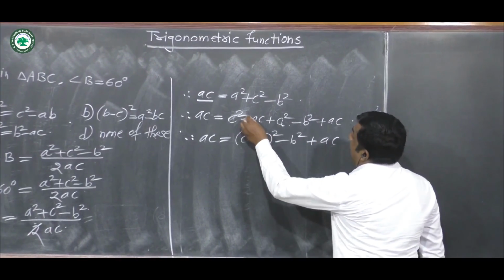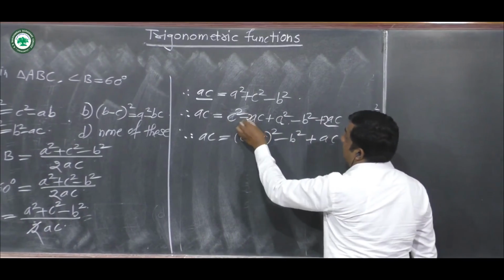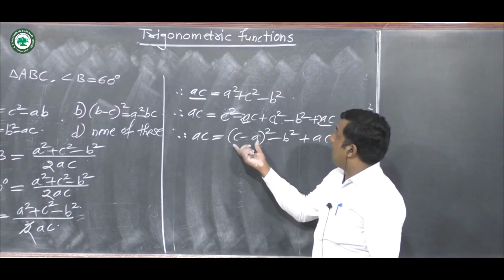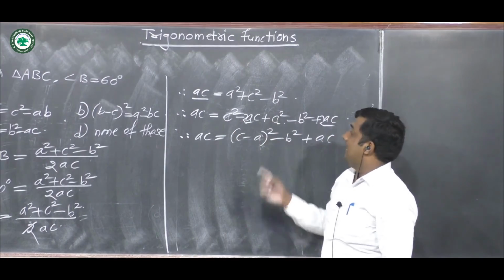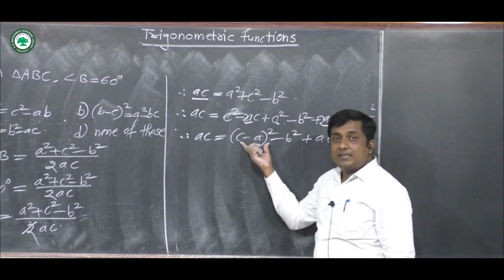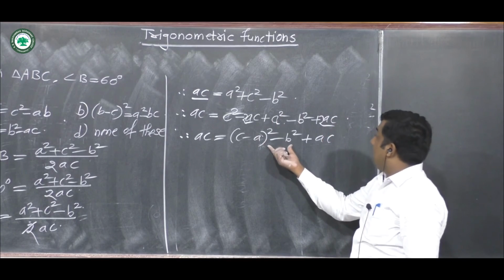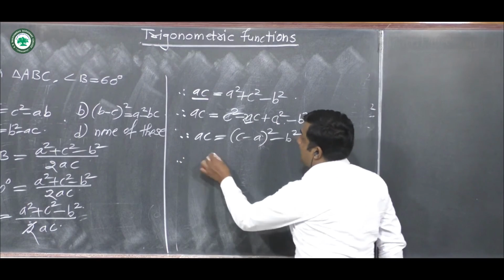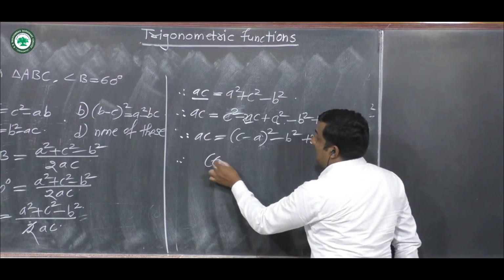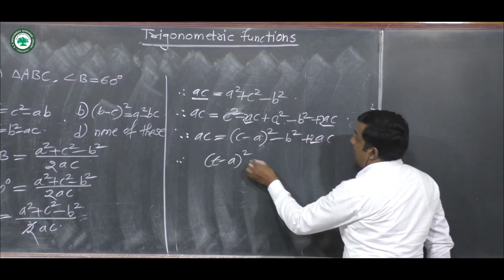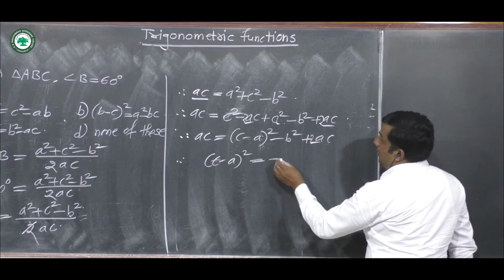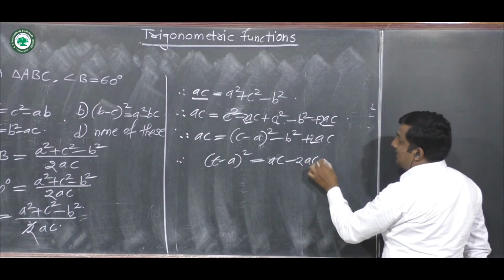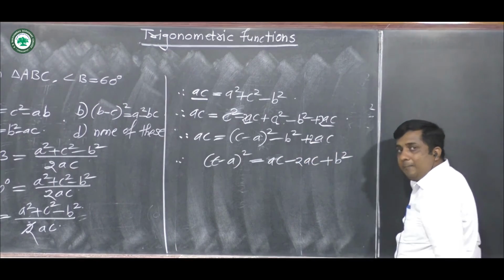Here one more step. We add twice ac and subtract twice ac to get the complete square form. Now this is correct: c square minus twice ac plus a square is (c minus a) square, with minus b square plus twice ac. Here I write this as (c minus a) square equals ac minus twice ac plus b square.